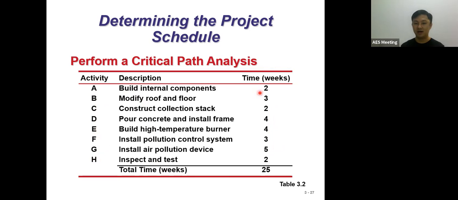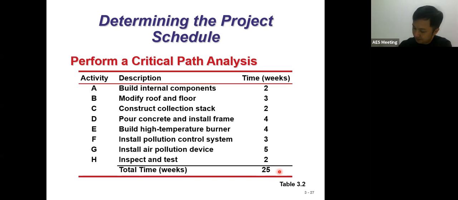If you add these up, you are getting 25 weeks. So it's a very normal path we are going for. Remember that, right? The total time required to build this Milwaukee project is about 25 weeks. But can we reduce the 25 weeks?